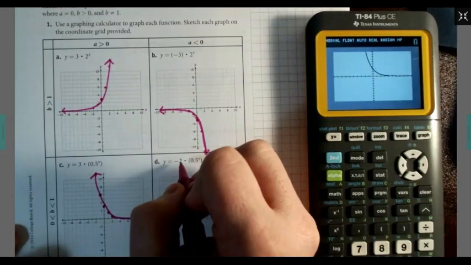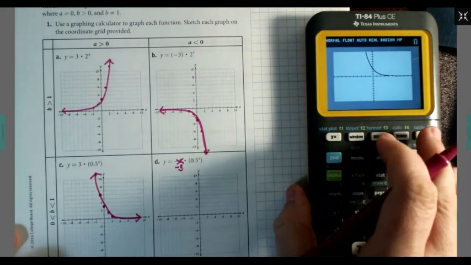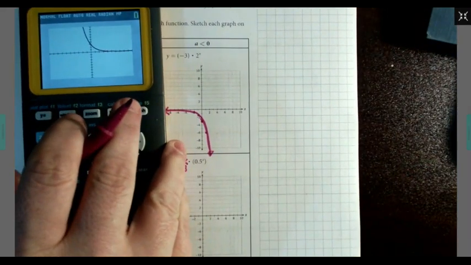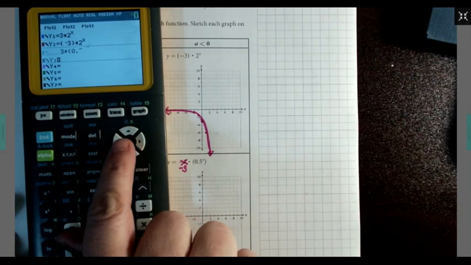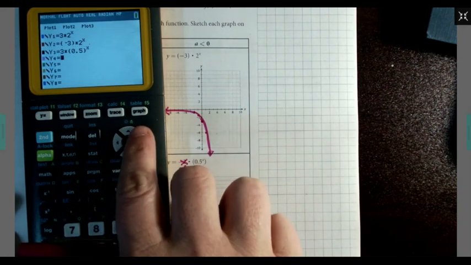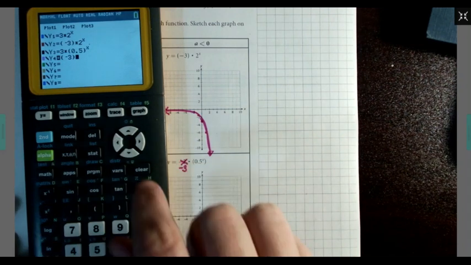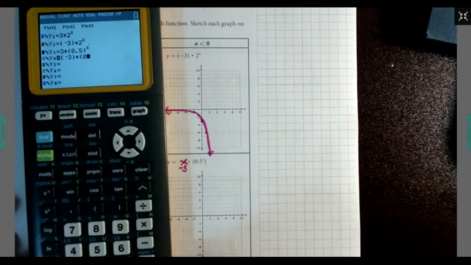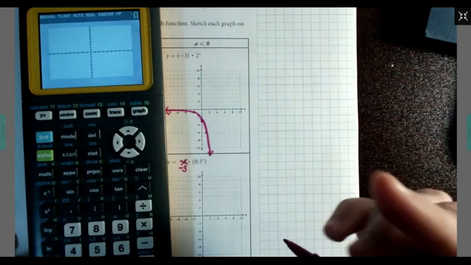And I want to actually change this number to say -3. So I'm going to turn this one off. We're going to go -3 times 0.5 to the x power and graph this.